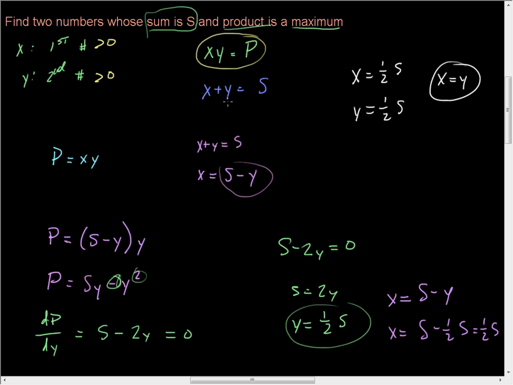The only difference is you just have something more to cancel out when you take the derivative. And so you'd have a certain perimeter, and then you want to maximize the area. And look, it's x equals y, it's a square. That's it. That's all it has to be. Sometimes they might give you a number for the product or for the sum, but that's fine. No big deal. Just follow the same steps.